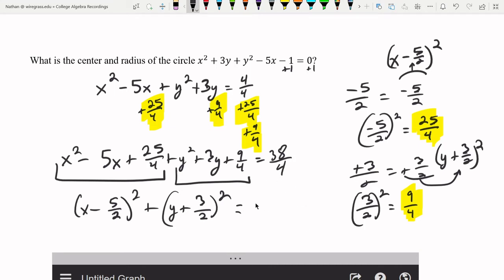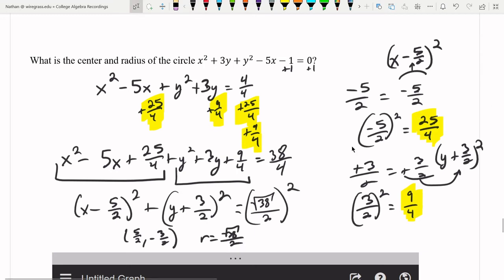And 38/4 is the same thing as the square root of 38 over 2, squared. I just took the square root of 38/4 and simplified it down. So we have our center at 5/2, negative 3/2, and our radius equals the square root of 38 over 2.